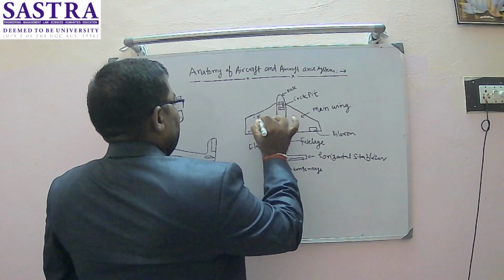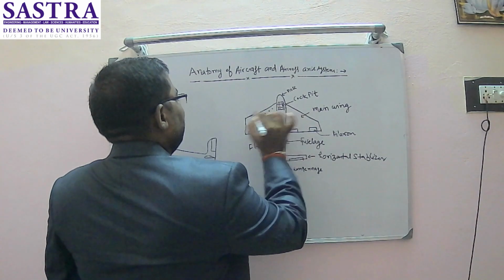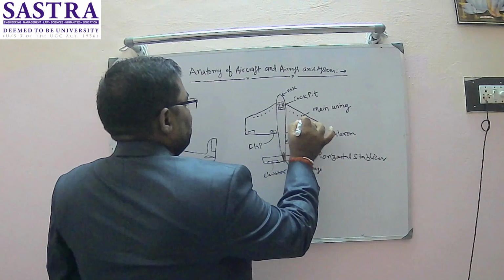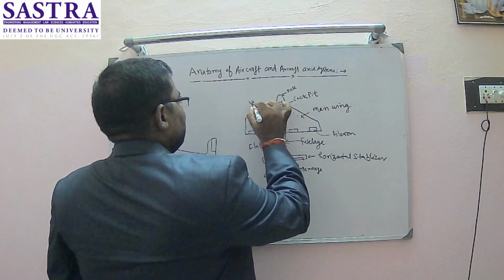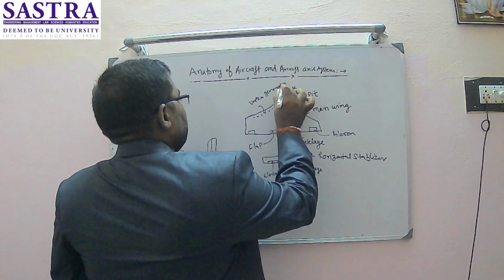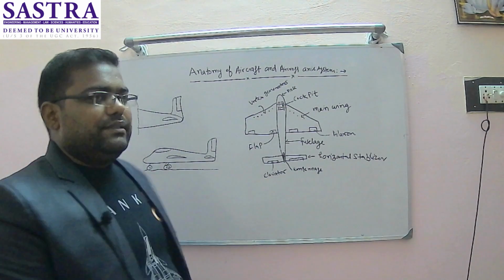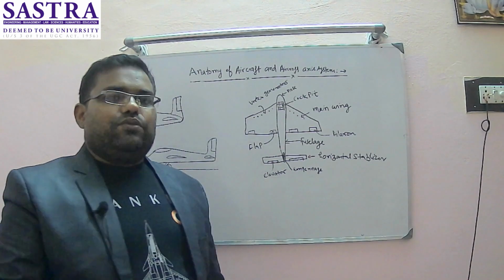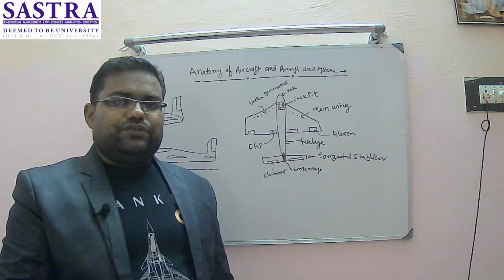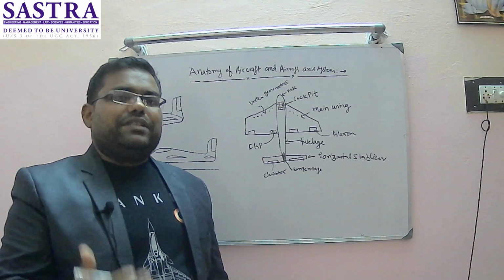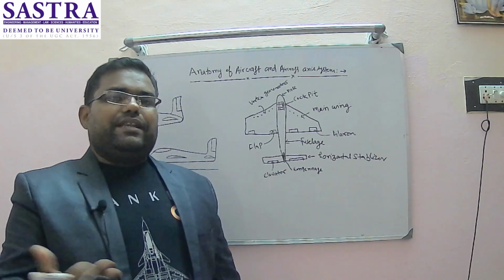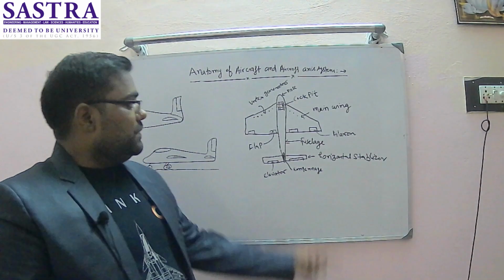Some vortex holes will be provided either at the leading edge or sometimes at the trailing edge. These holes are nothing but vortex generators. As I said, the lift depends on the circulation present in the system. So if vortex is present in the system, it will enhance the strength of circulation, and when the strength of circulation is enhanced, there will be an enhancement in the lift.